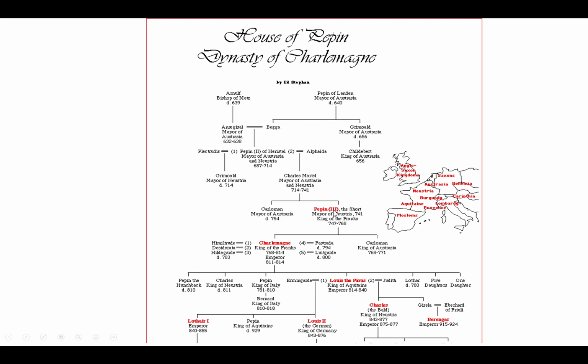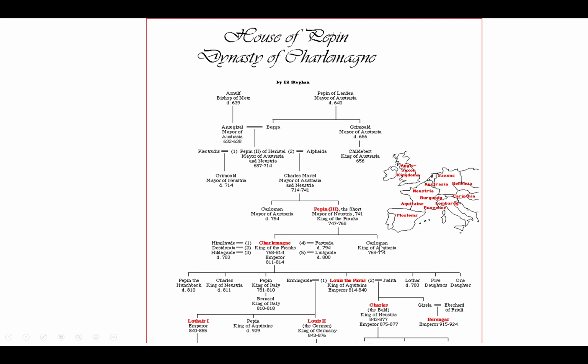Well, here is Pepin the Short, which is also known as Pepin the Third. Well, he was, as I said, the first Carolingian king, and then he had several sons. One of them is Charlemagne, who is the one that is relevant for us right now.